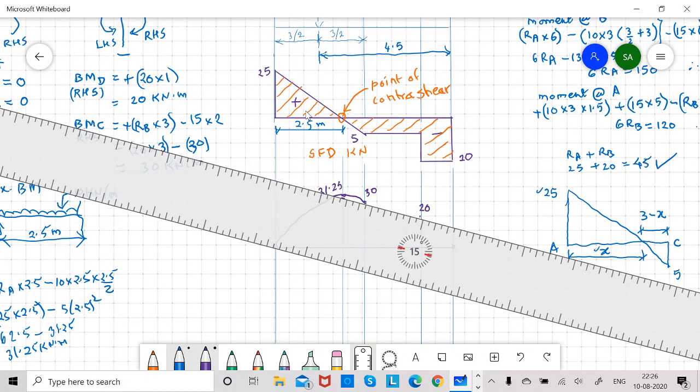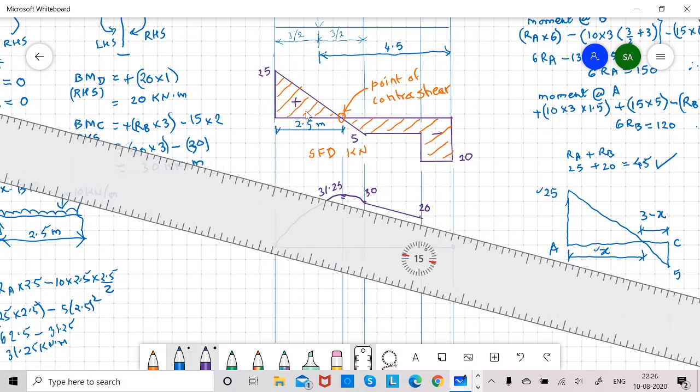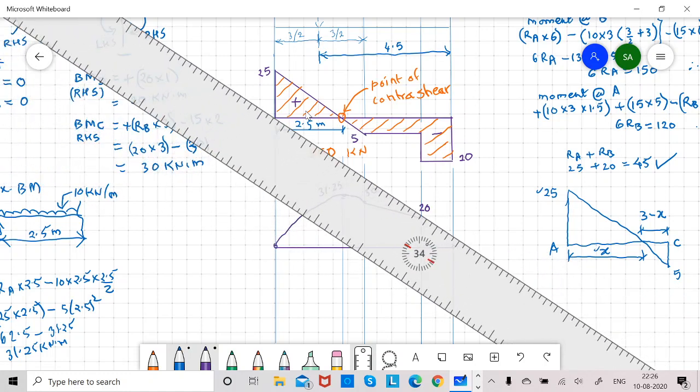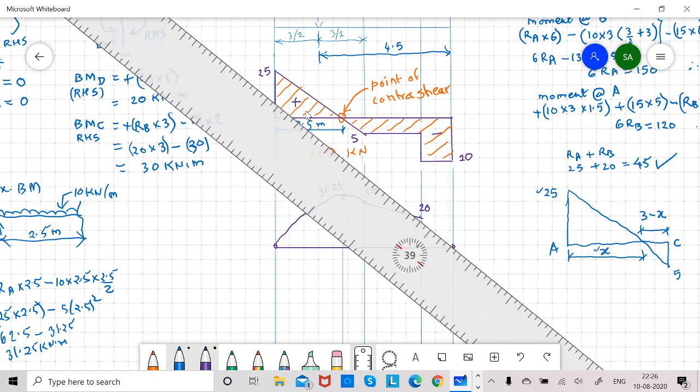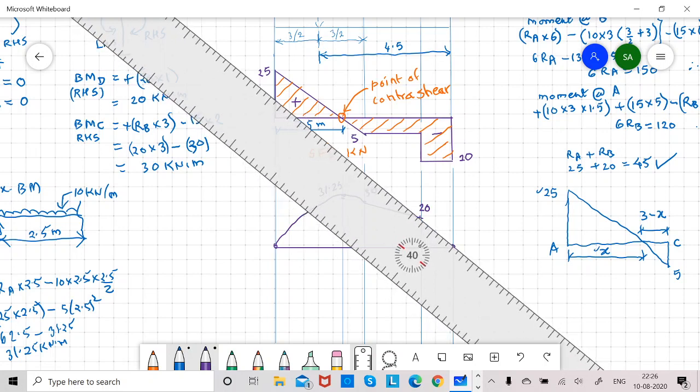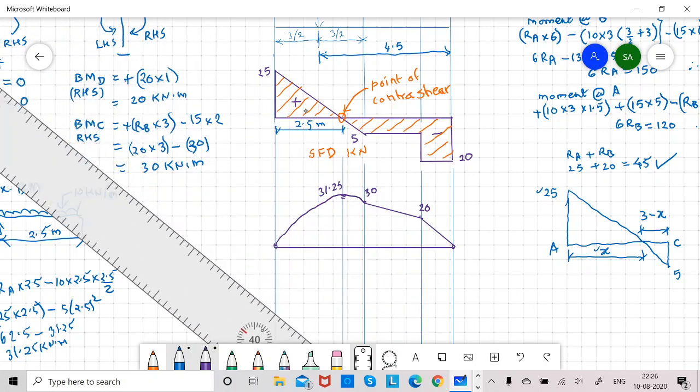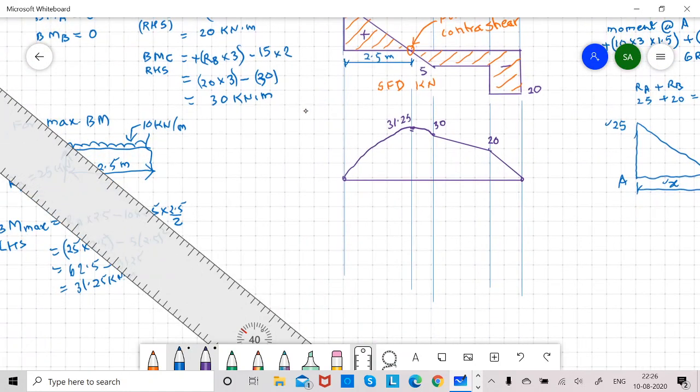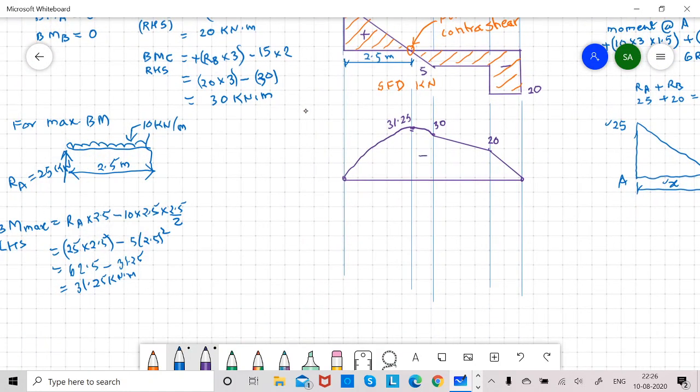So from C to D is a straight line and D to B again is a straight line. Mark it positive as it is above the baseline.